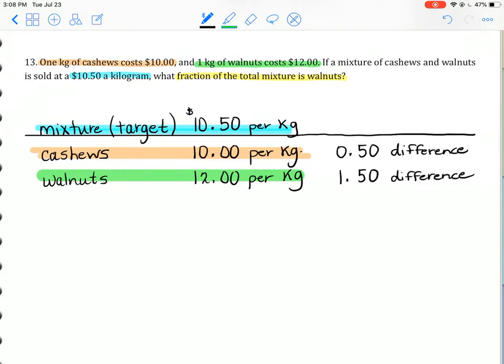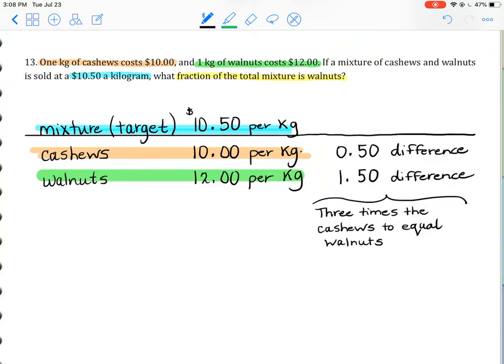So would you agree with me that it takes 3 times the cashews to equal the walnuts? And I'll show you what I mean. The cashews are 50 cents off the target.